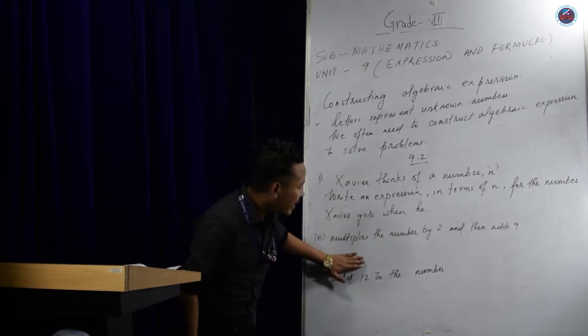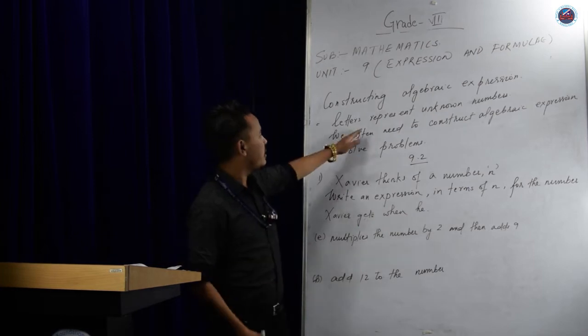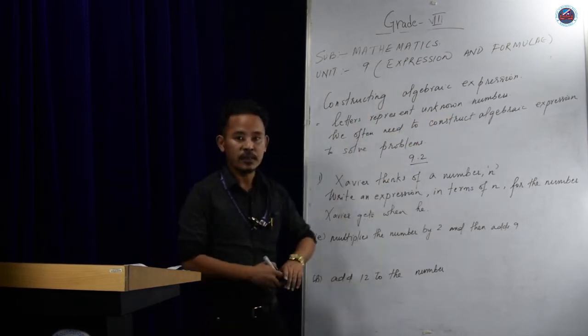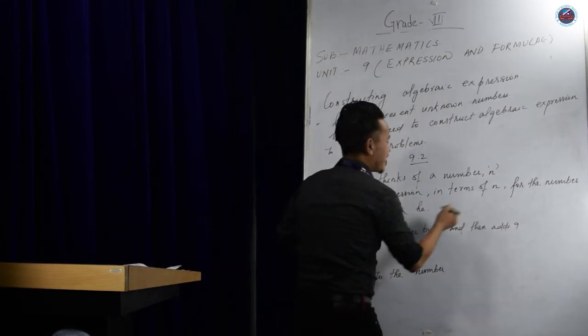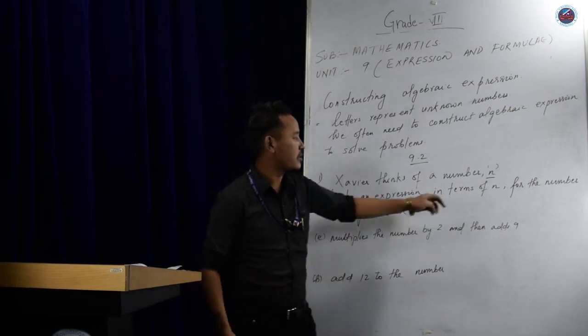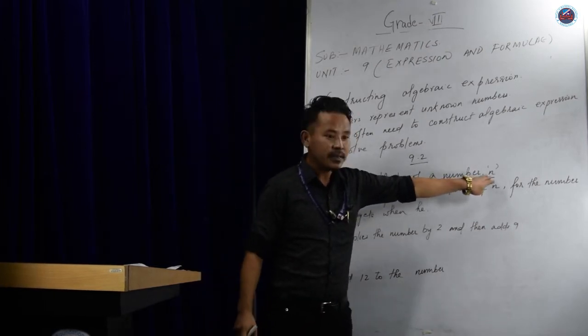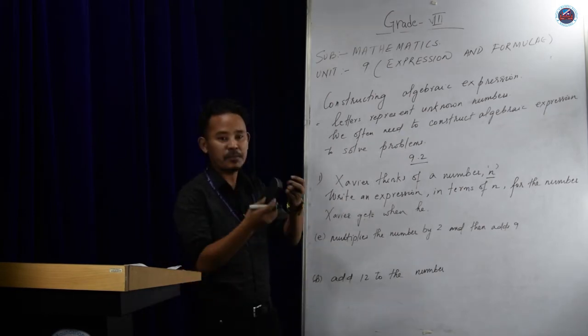So, multiplies the number. What is the number here? Since we do not know the number, it's an unknown number. Multiplies the number by 2. The number here is given as n. We can assume any number; in this question they have represented the number by n. It can be a, b, c, d, x, y, z, any letter, any variable.